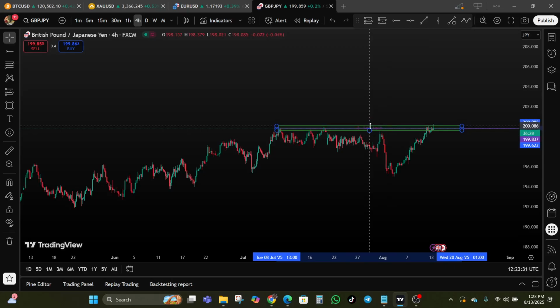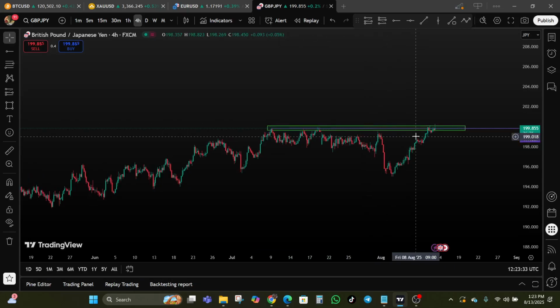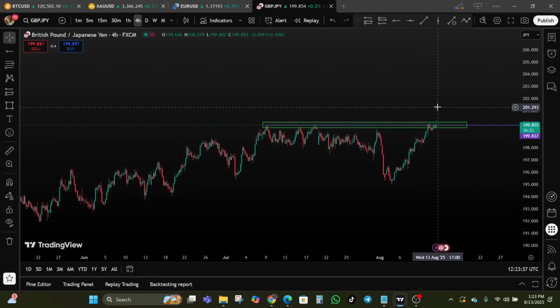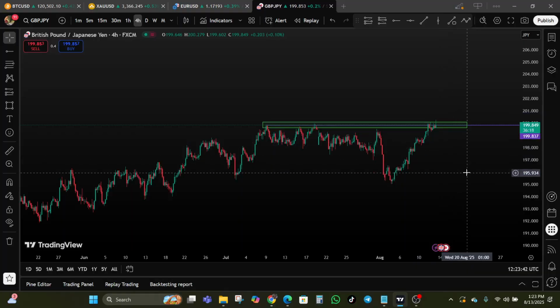So we're going to be having buy side liquidity here. Do not be surprised if we have a breakout from this zone and then a sharp reversal back down. It is not an uncommon event in the Forex space. When smart money is doing their thing, you watch out for liquidity sweeps like that.